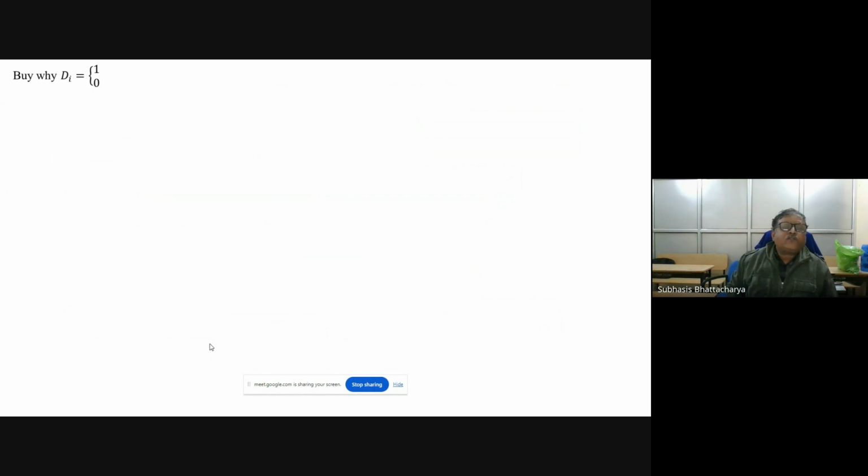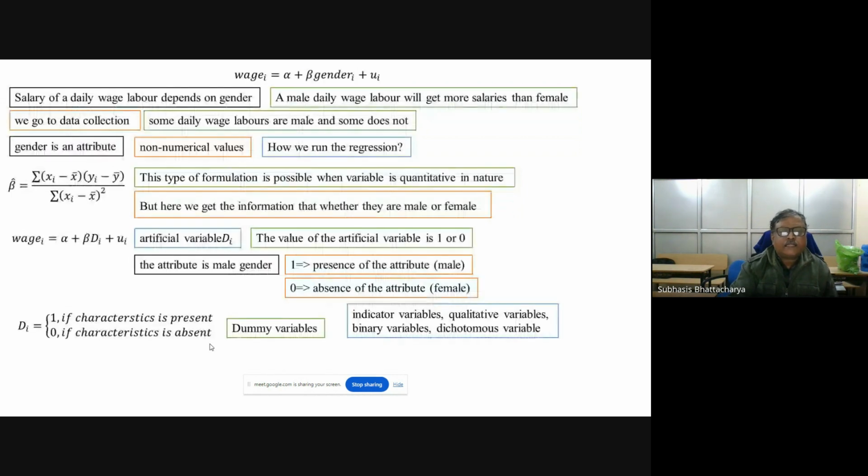But why is it 1 and 0? Consider the previous relationship, wage is equal to alpha plus beta Di plus error term. For the individuals who are male, Di equals 1, and for the female Di equals 0.